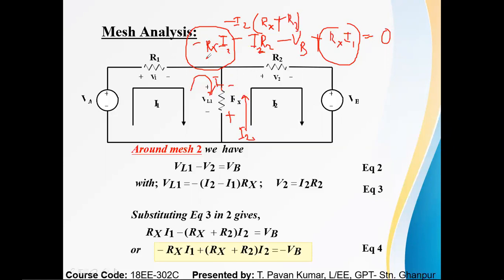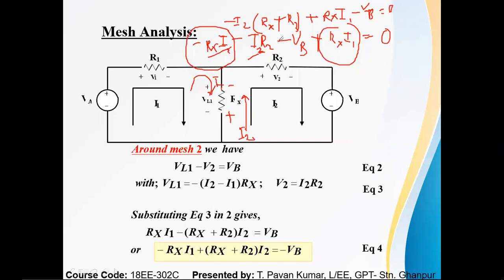So these two elements are over. Next plus Rx I1 is equal to minus VB. Sorry, minus VB is equal to 0.